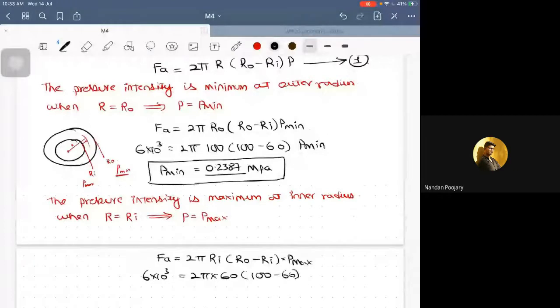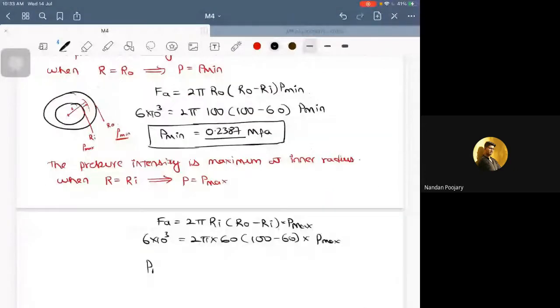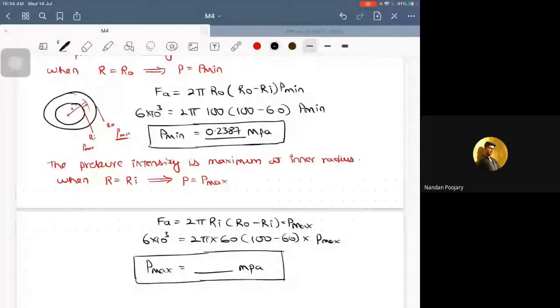So from this, Pmax is equal to 0.3978. So there ends your problem.